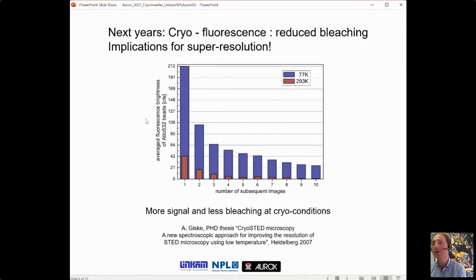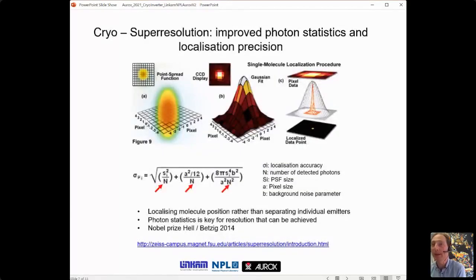And this bleaching has another implication. This borders onto the methods of fluorescence superresolution. In the superresolution techniques, not sure if you can see my cursor.